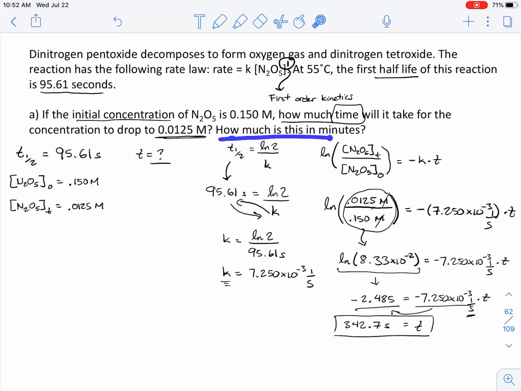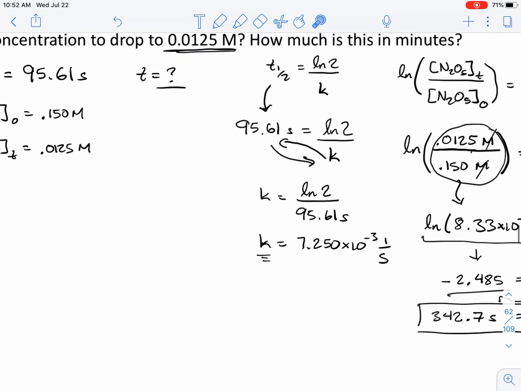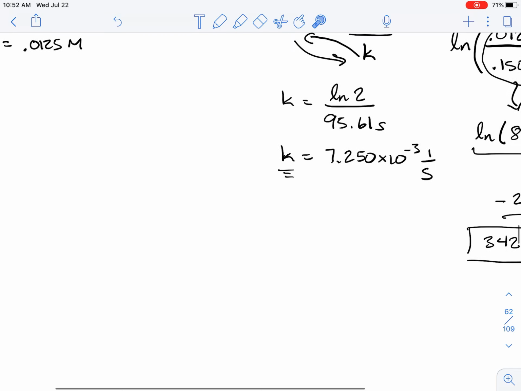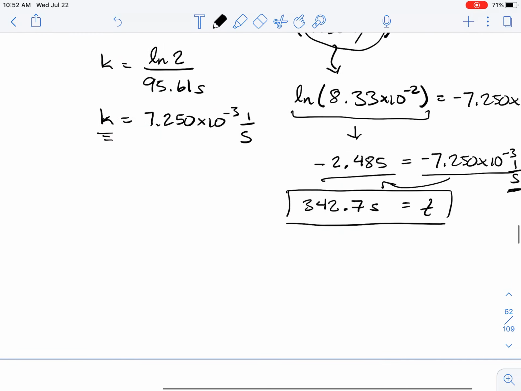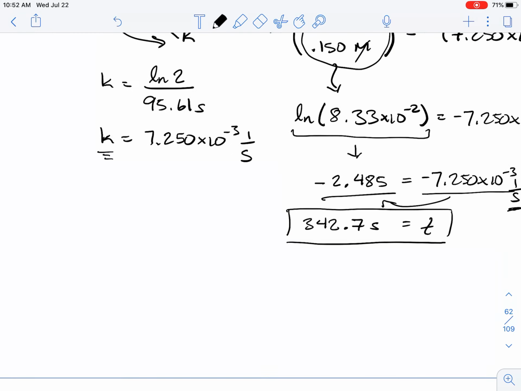And the second part to this question is asking us to express our final answer in minutes. So this is a quick dimensional analysis where we have 342.7 seconds. We're going to go from seconds to minutes.